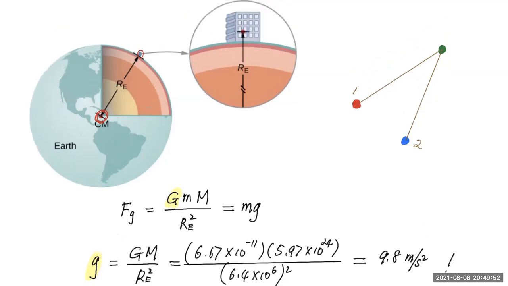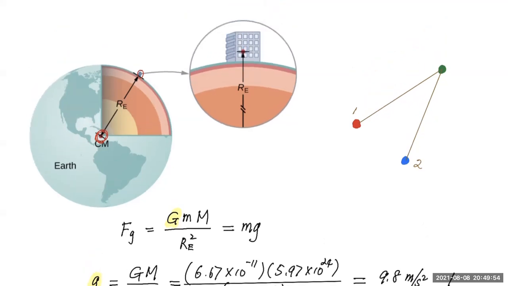For example, here we have 3 masses, a red one, a blue one, and a green one. If I want to find the total force of gravity exerted on this green one, how would we do that? Well, Newton's law deals with 2 point masses at a time. So if you calculate the force between the green one and the blue one, we call this force F2.